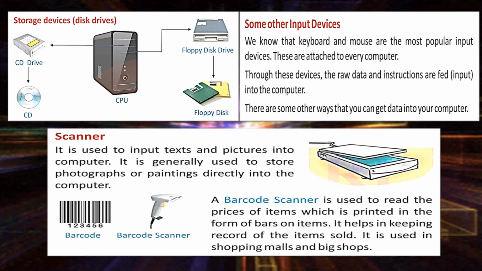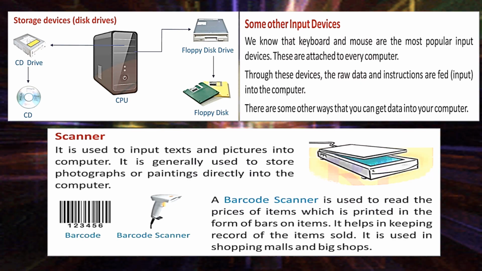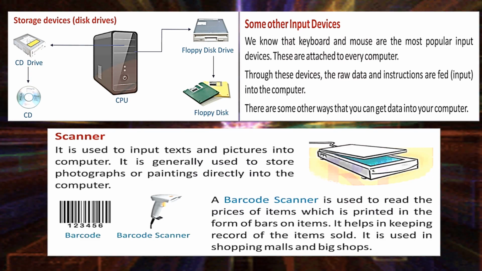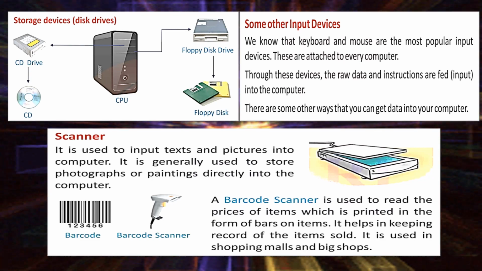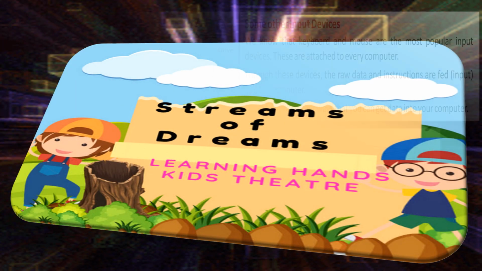A barcode scanner is used to read the prices of the item, which is printed in the form of bars on items. It helps in keeping a record of the items sold. It is used in shopping malls and big shops. Microphone.